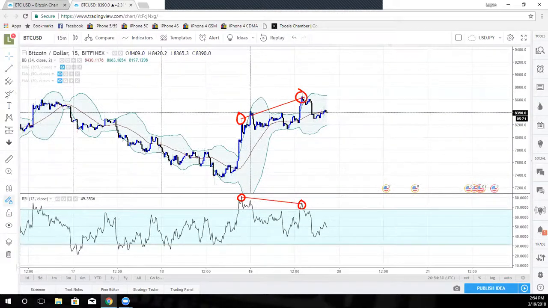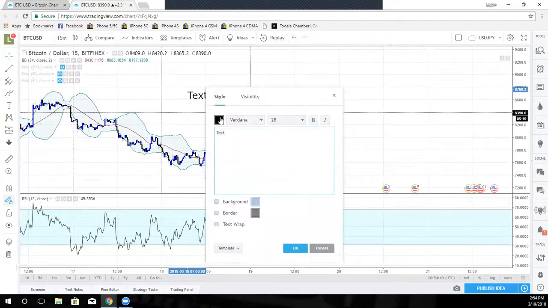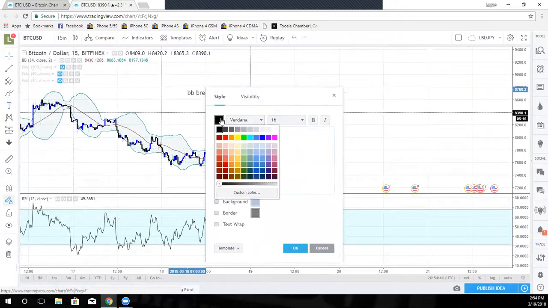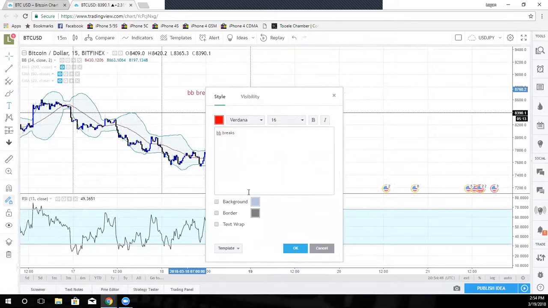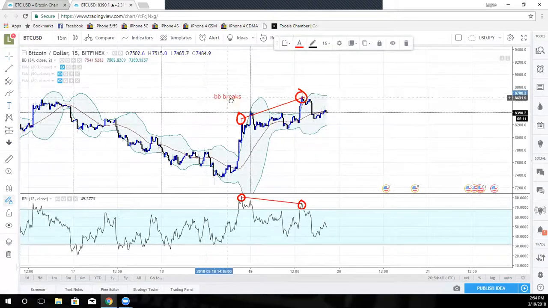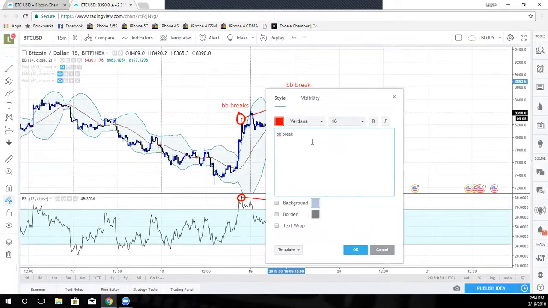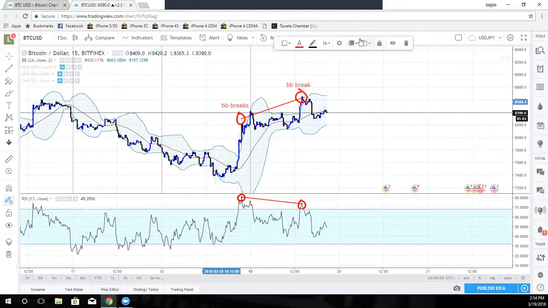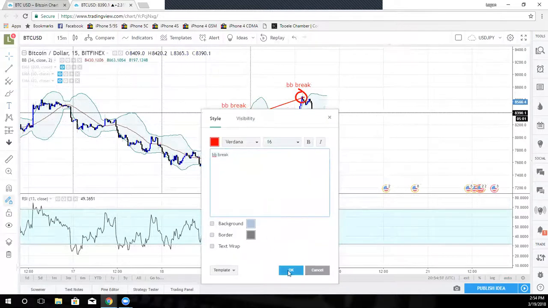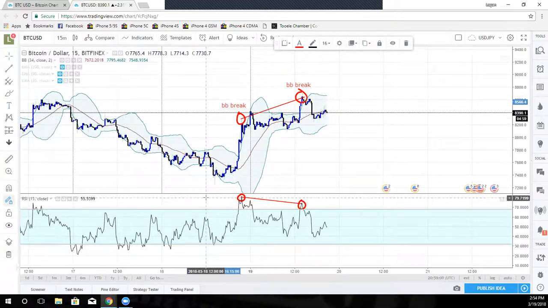So we have our Bollinger Band breaks. There's one there. There's one there. Oh, take the S out of that. We got two of those. Don't really need a plural. So we have both of our Bollinger Band breaks.